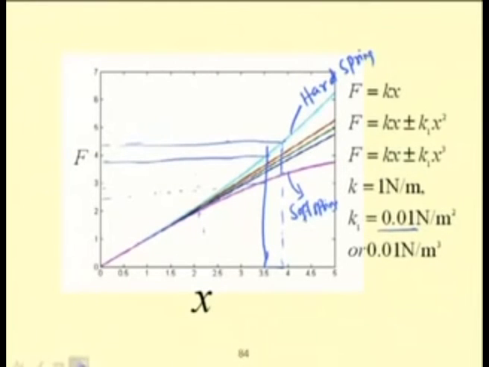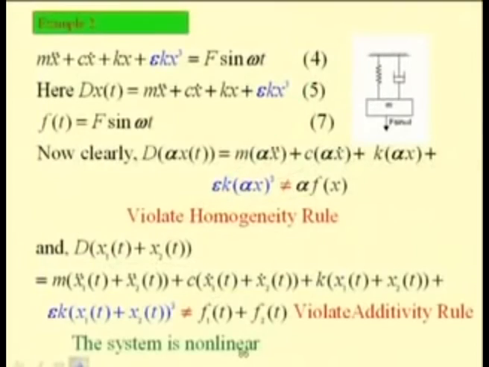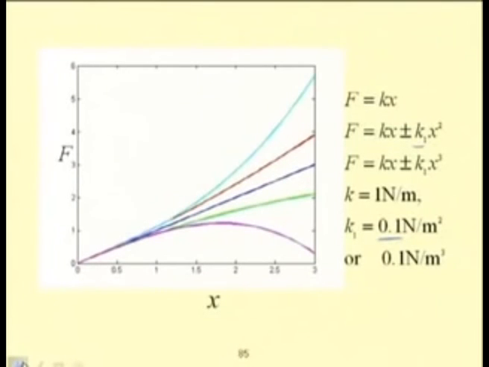In that case one can write a nonlinear equation and compare the order of nonlinearity. Here I have used k1 equal to 0.1, but if I take a higher value, then the linear portion gets less and less.